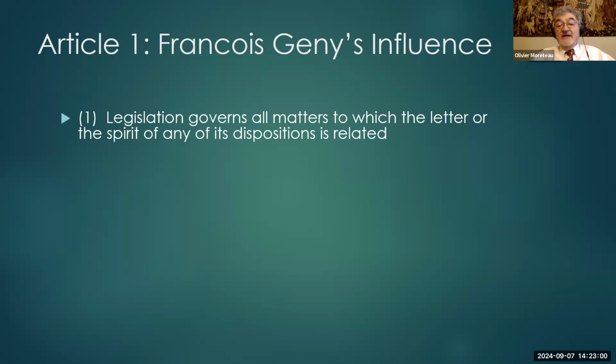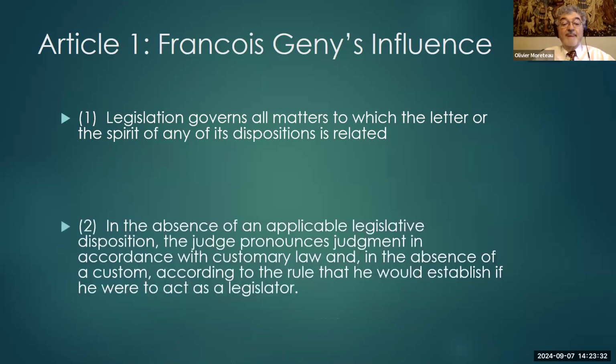This article is establishing the sources of the law in Switzerland, saying in the first paragraph that legislation governs all matters to which the letter and the spirit of any of its dispositions is related, which indicates that legislation is to be understood according to the letter, but also the spirit, which allows or facilitates the extensive interpretation by way of analogy.